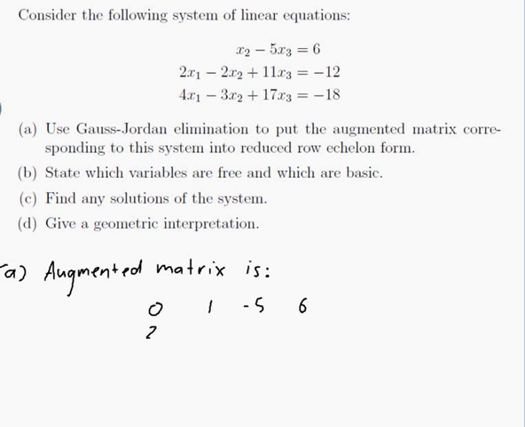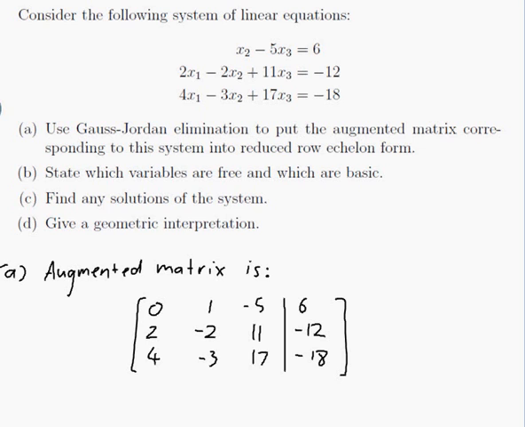And 2x1s minus 2x2s plus 11x3s is equal to minus 12. And 4x1 minus 3x2 plus 17x3 is equal to minus 18. So there is my augmented matrix.